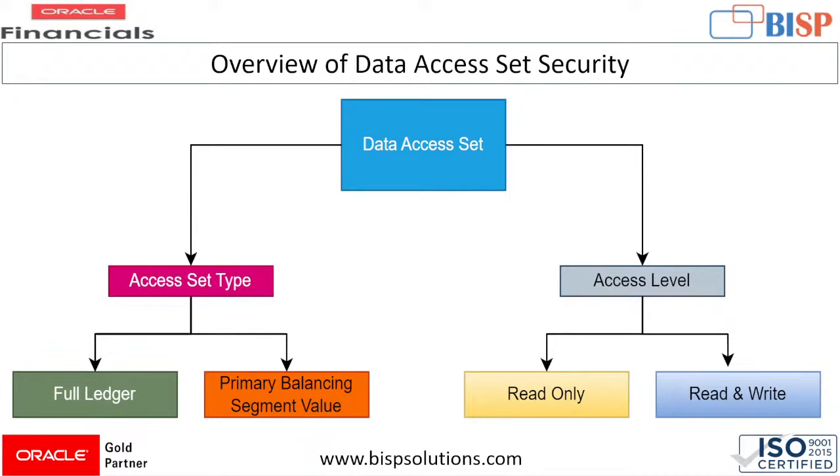If you have a primary balancing segment value assigned to a legal entity within the ledger, then you can use the data access segment value in the data access set to secure the access of a specific ledger legal entity. You can also secure the access to the primary balancing segment by assigning directly to the ledger.